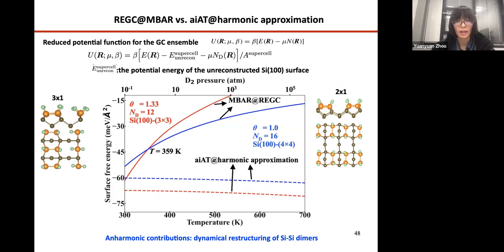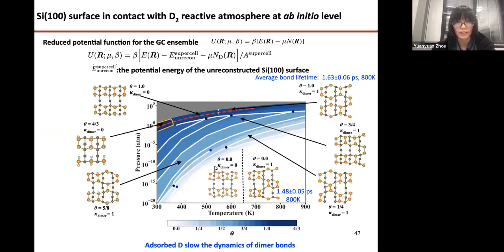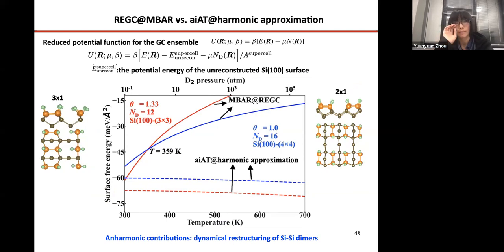Then we compare the relative phase stability of different coverages. We confine our discussion to this dashed red line because it contains the 1.33 coverage and the 1 coverage. These two are what the experiments reported. According to the REGC results, at temperatures lower than 359 Kelvin, the higher coverage is thermodynamically more stable.